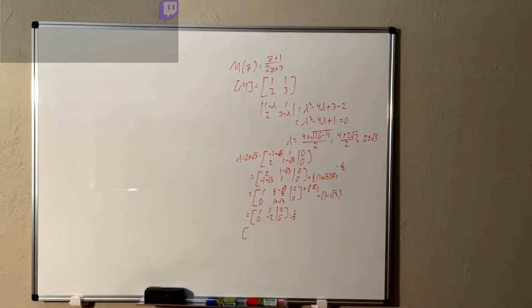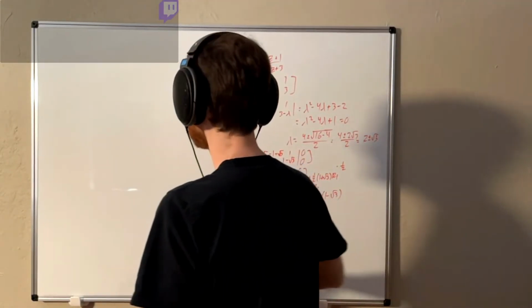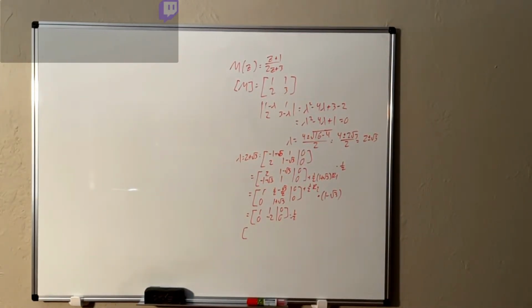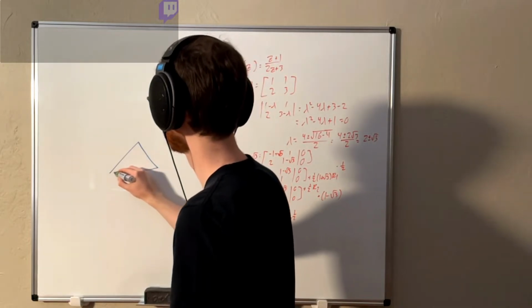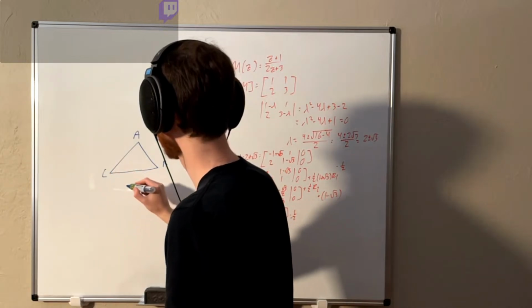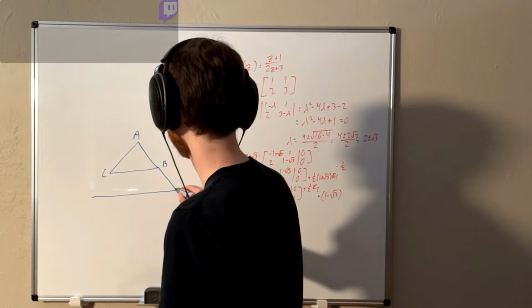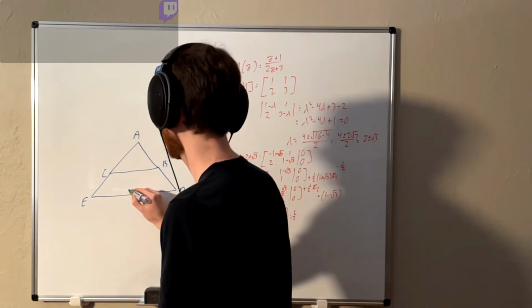All right, Neil, let me try and draw what I think is happening. Wait, what's parallel to what again? ABC, DE is parallel to BC. So you have something that's kind of like this.